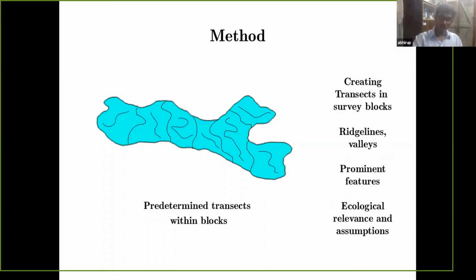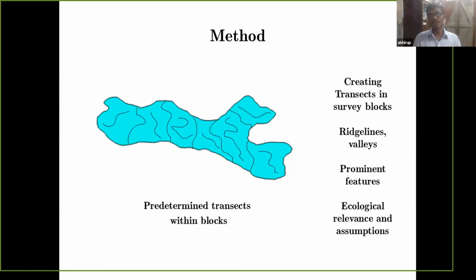Within the block, we laid transects, and for a double observer survey, if you can't lay a transect beforehand, in QGIS or Google Earth, remotely, at least you have to reach the site and decide which way to follow. Because if two observers follow different paths, a lot of the assumptions fall apart. So we have to do that.